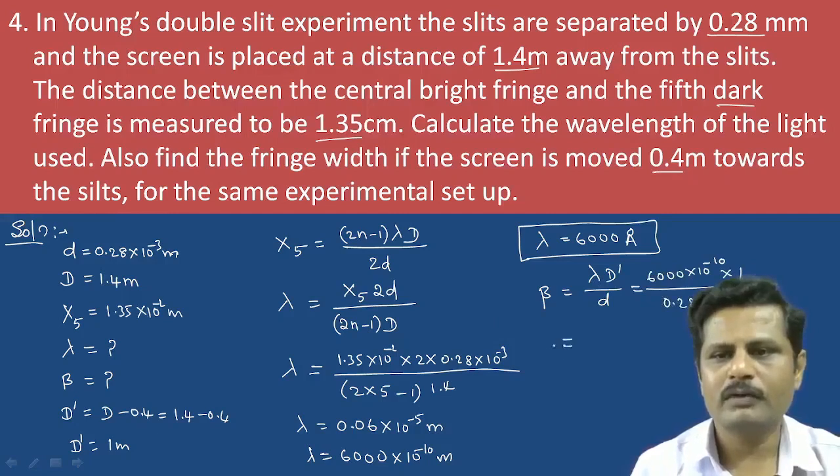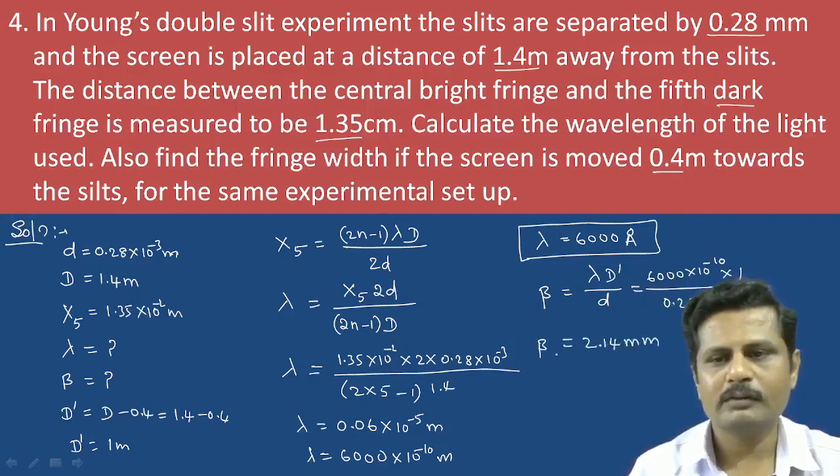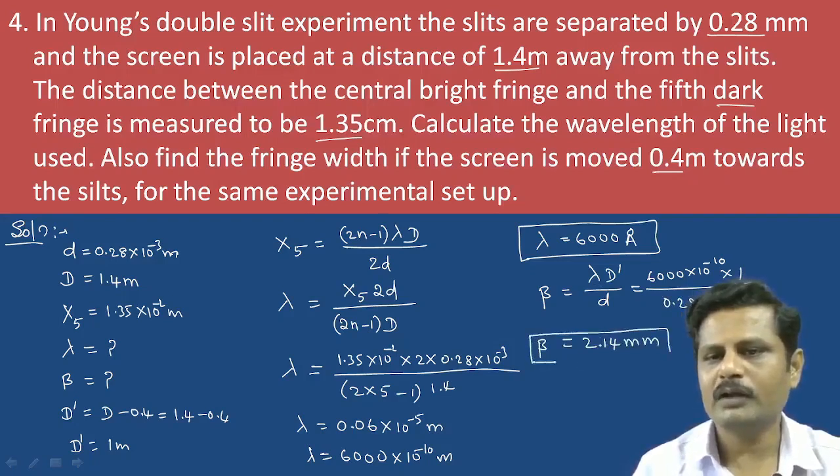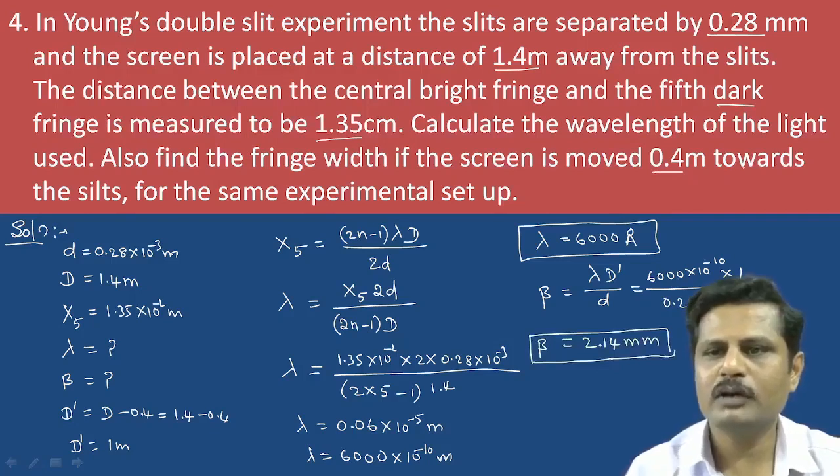After simplifying, we get beta equals 0.14 millimeter. This is the fringe width obtained when the screen is moved toward the slits.